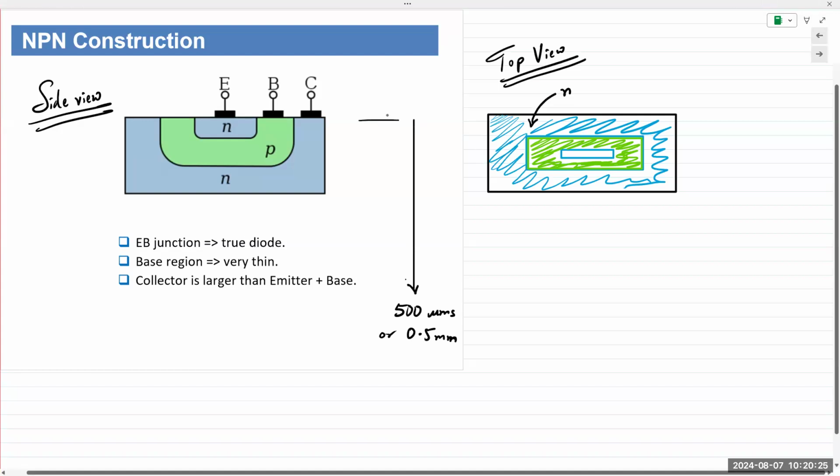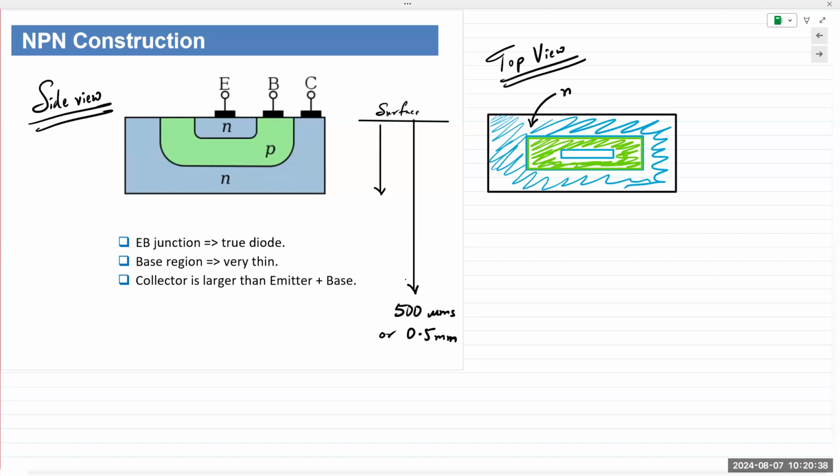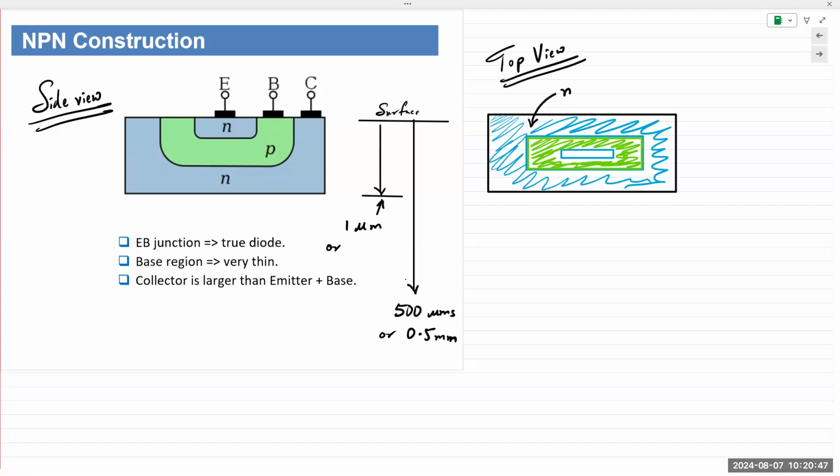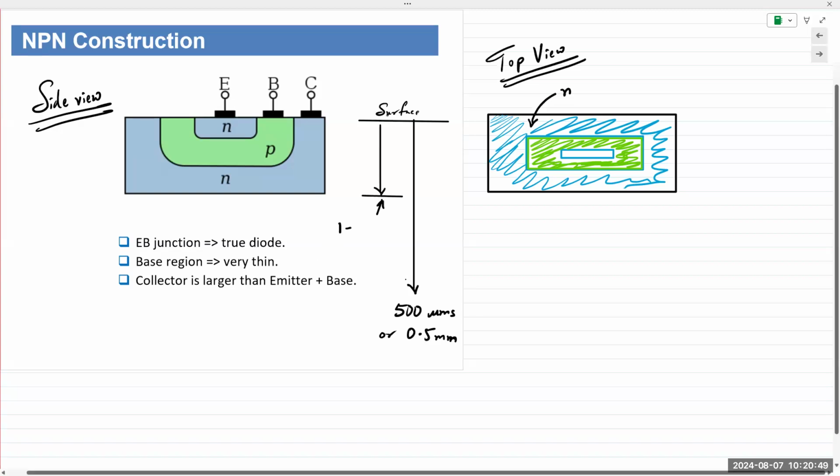And this right here is the surface. This is probably 1 or 2 microns. And even 1 to 2 microns is considered deep.